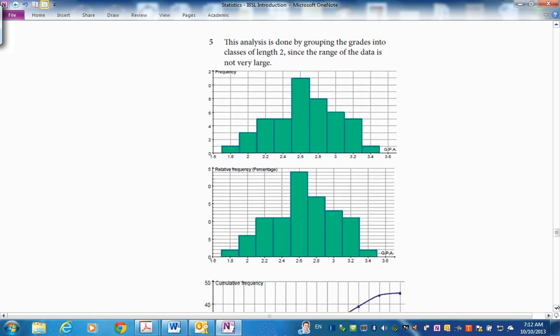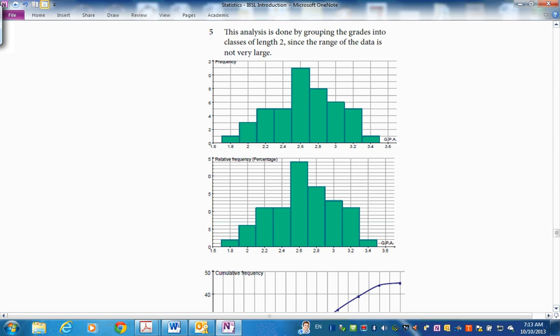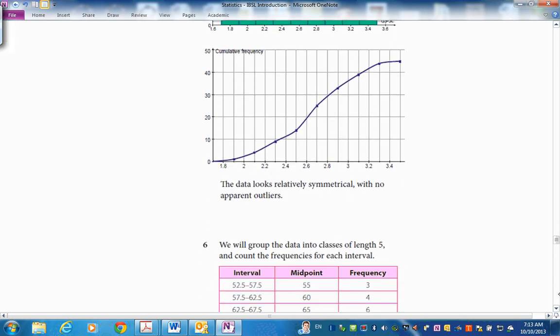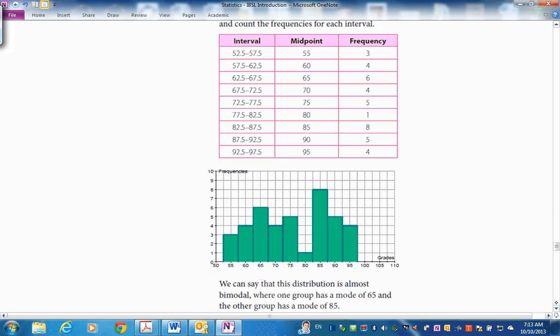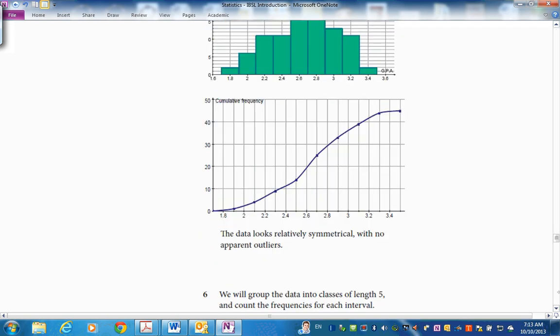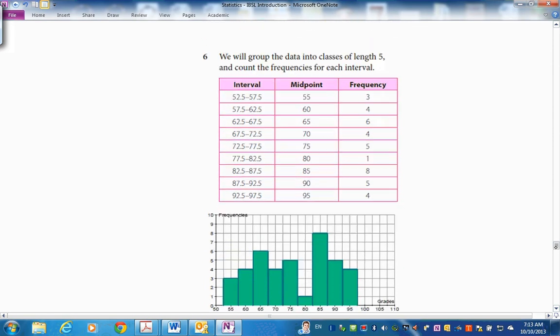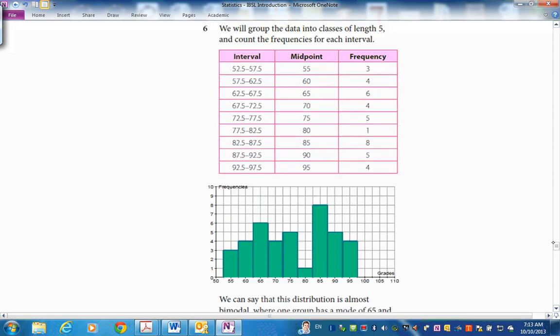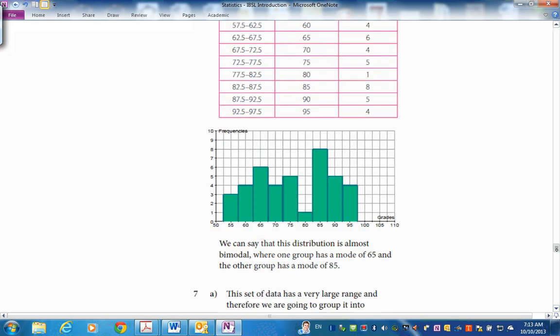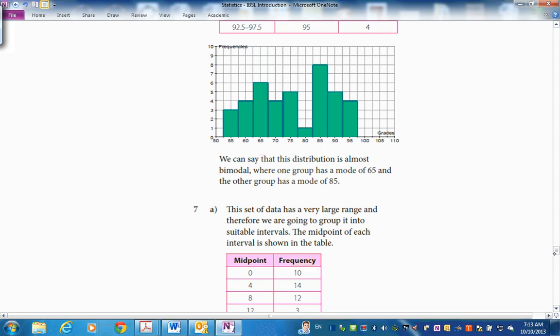Here's 5. 5's got quite a bit of work happening there, so there's the first 2 graphs in 5, and the other graph in 5. Now it's 6, part of 6, and the rest of 6 there.